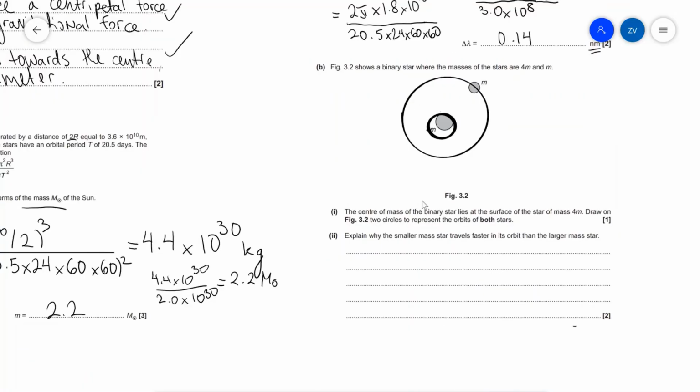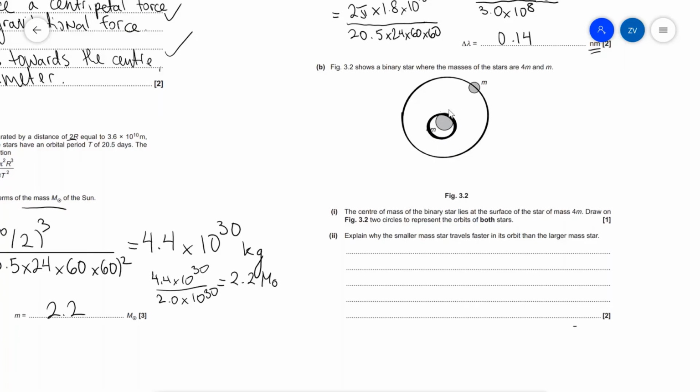And for part B, the center of mass of the binary star lies on the surface of the star of mass 4m. Draw on the figure 2 circles to represent the orbits of both stars. Now the ratio of the diameters of the circles is going to be approximately 1 to 4.